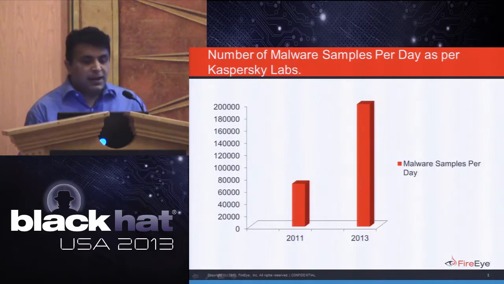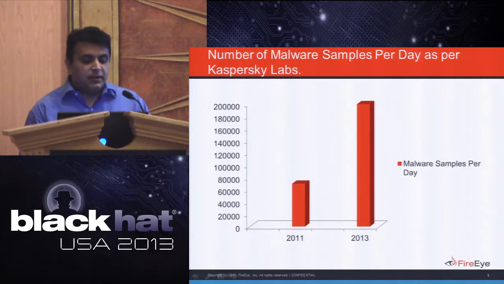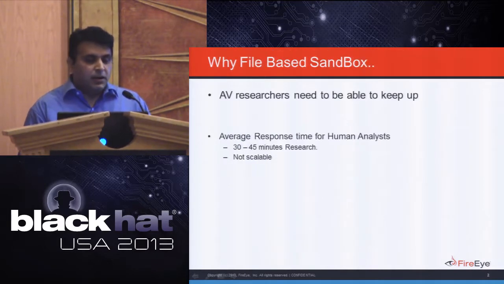In 2011, we were seeing close to 80,000 samples per day. In 2013, currently we are seeing close to 200,000 samples per day. It is quite obvious that we won't end up analyzing all the 200,000 samples.